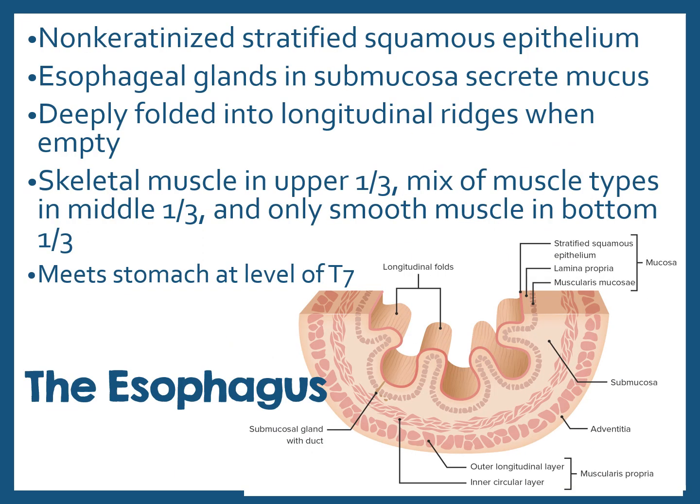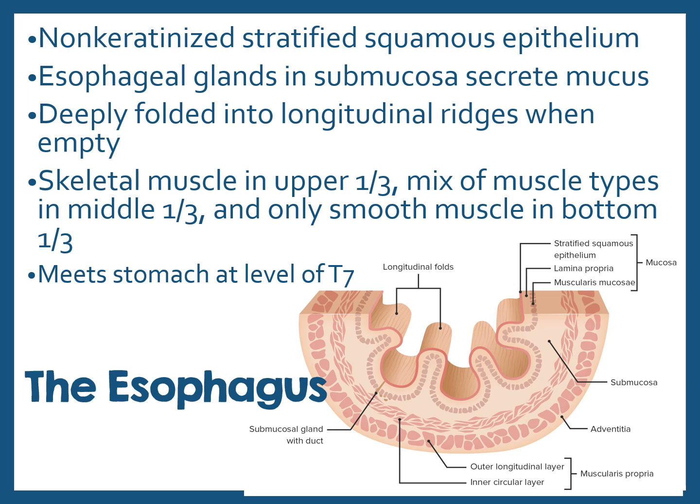The epithelial tissue within the esophagus is still going to be stratified squamous because there's some abrasions that can happen, so we need some protection. It's also non-keratinized, so it doesn't have that hardened keratin protein within those cells.